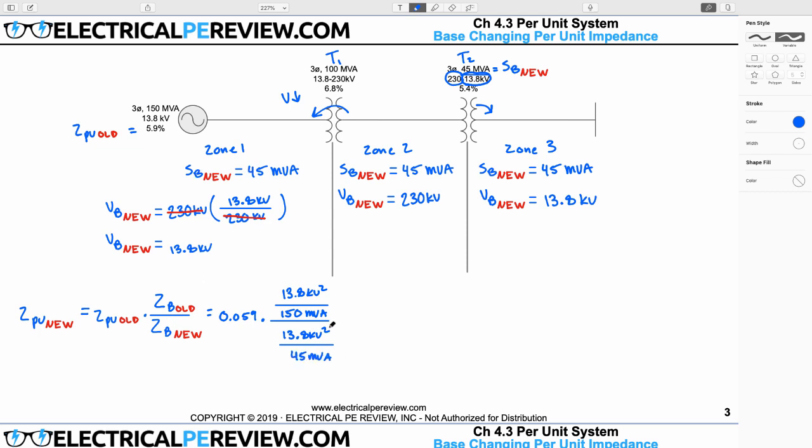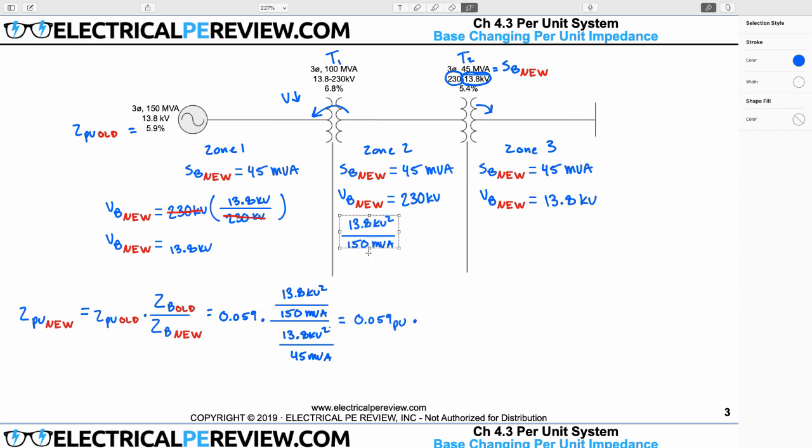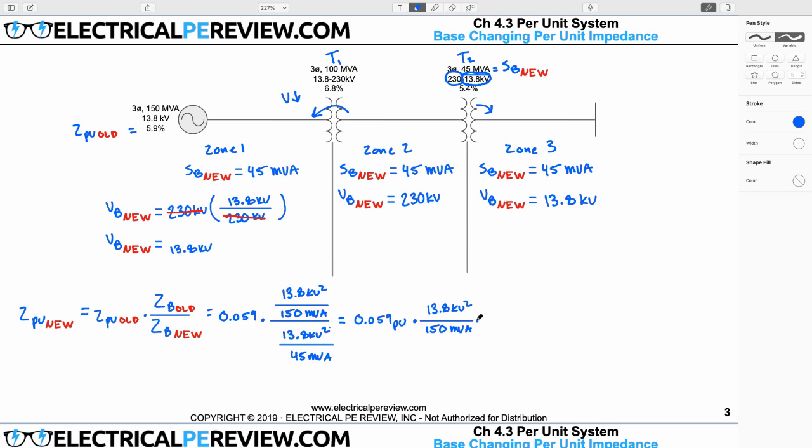All right, let's clean these two fractions up just like we did before. Here's our old per unit impedance. Here's our old base, our old ZB, 13.8 kV squared divided by 150 MVA. And then next, I'm going to bring our new base, this fraction down here, to the top just like we did before, okay? So I've got 45 MVA on top, and I've got 13.8 kV squared on bottom, right?